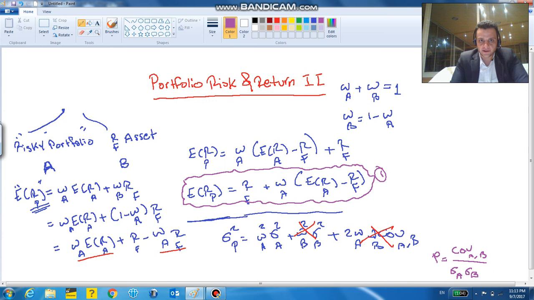So what we're left with is only the first expression, which is weight A squared multiplied by variance of A. This is the variance of the new portfolio.